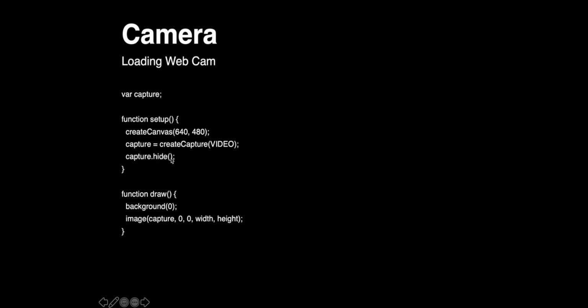So if we don't want to have the video in the DOM and then also the video on the stage, we can hide the DOM video. And then in draw, we're just going to have a background, use the image function, and then pass in the capture variable to that image function. You can set the X and Y coordinate and then the width and height as well. So let's go to the web editor.